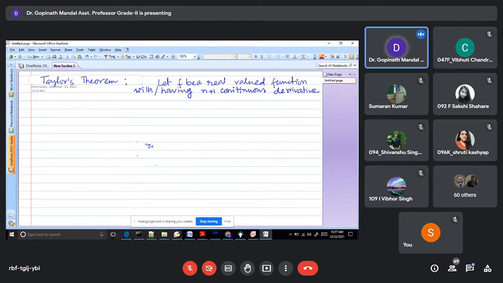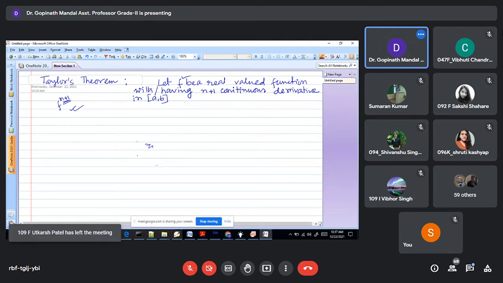So the function must have the n plus 1th derivative, and that must be continuous in the interval AB, where n is greater than or equal to 0.